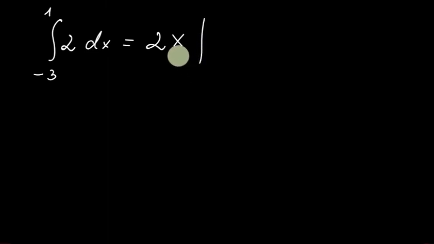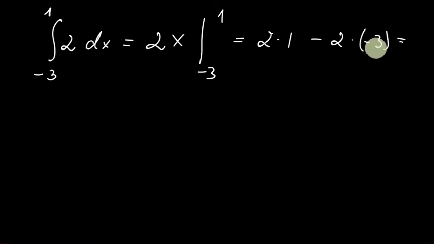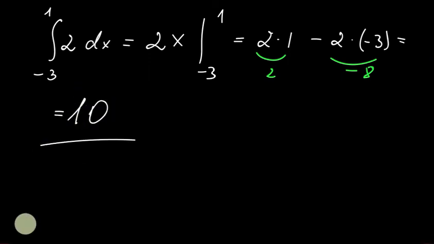Also, as you can see, we are no longer putting a constant here, because this integral is definite, and we know the value of c here. We get it from putting in the numbers. So from minus 3 to 1, we get 2 times 1 minus 2 times minus 3. This will be minus minus 6, so 8. This will be 2. So that gives us 10.